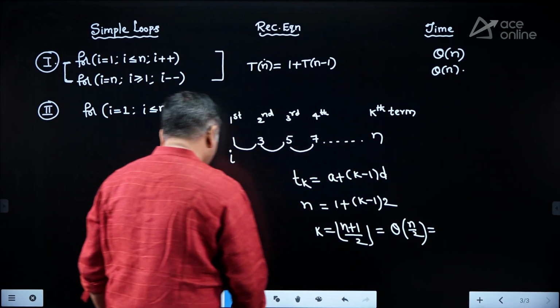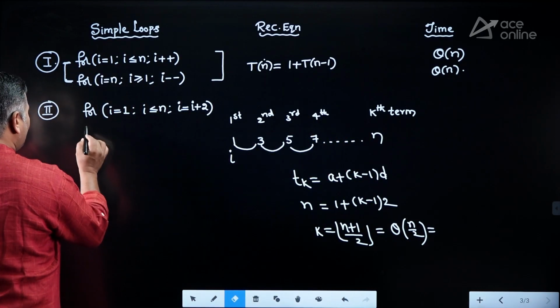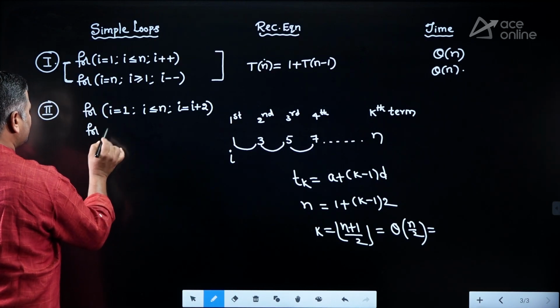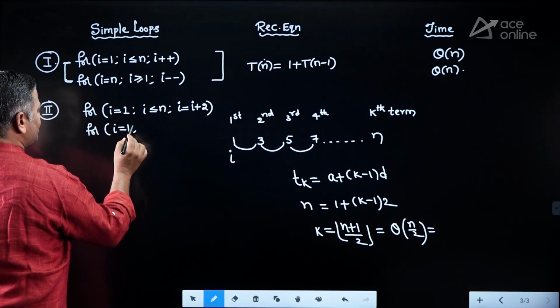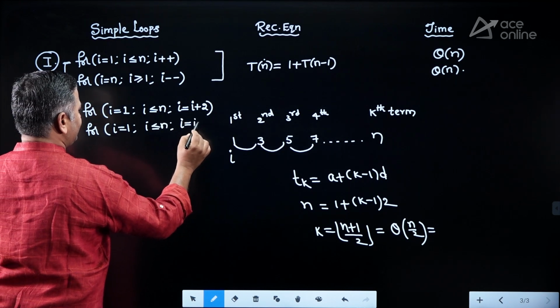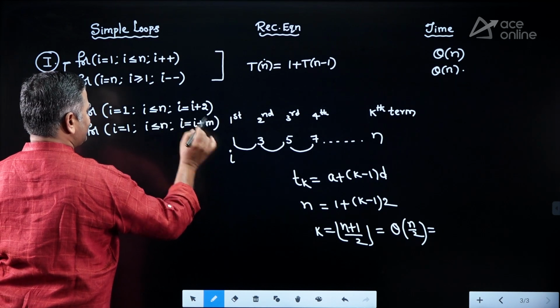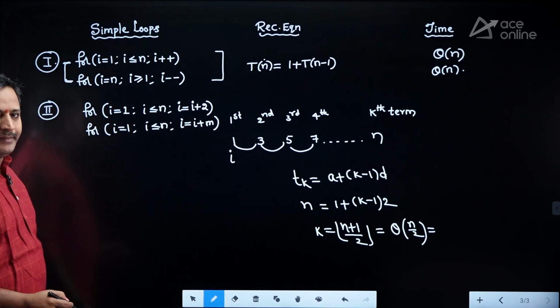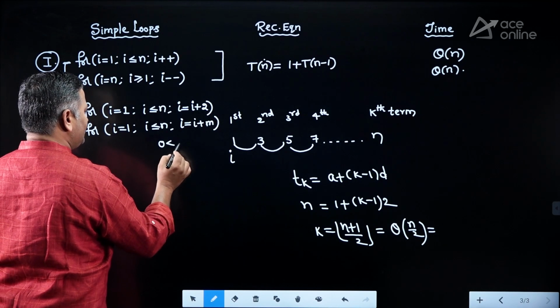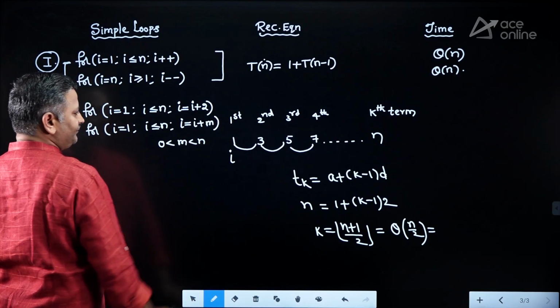The reason why I am writing theta of n by 2 is, suppose I take the same problem for i equals 1, i less than or equal to n, i equals i plus m model, where m is a constant and m value lies between 0 and n.